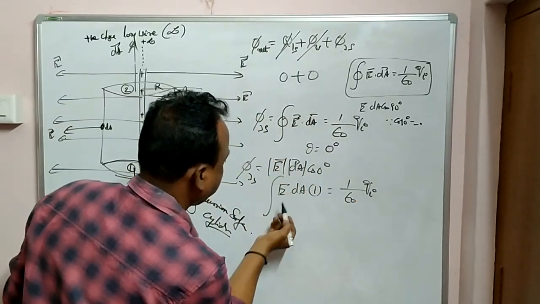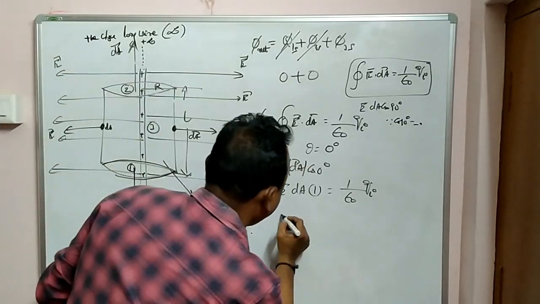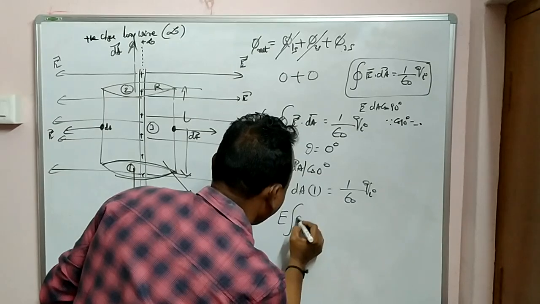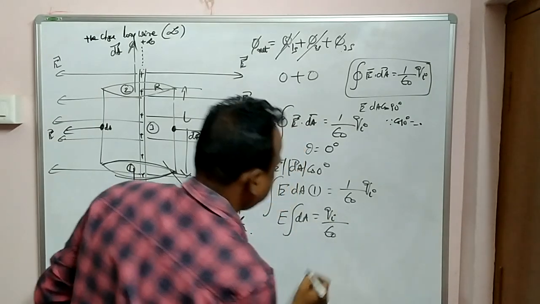Don't forget the integration, the integral, okay? Since E is constant and uniform throughout, take E outside: E times integral dA is equal to Q inside by epsilon naught.